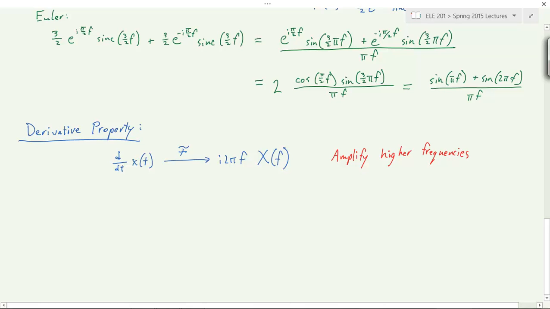It also has some sort of phase. So what I'm saying by amplify is this. You're simply multiplying this function times the original spectrum, x of f. What is this function? Well, it's just linear in f. It has an i2 pi, but ignoring that, it's just linear in f. Higher frequencies get amplified more. We could also recognize that this is a multiplication in the frequency domain.